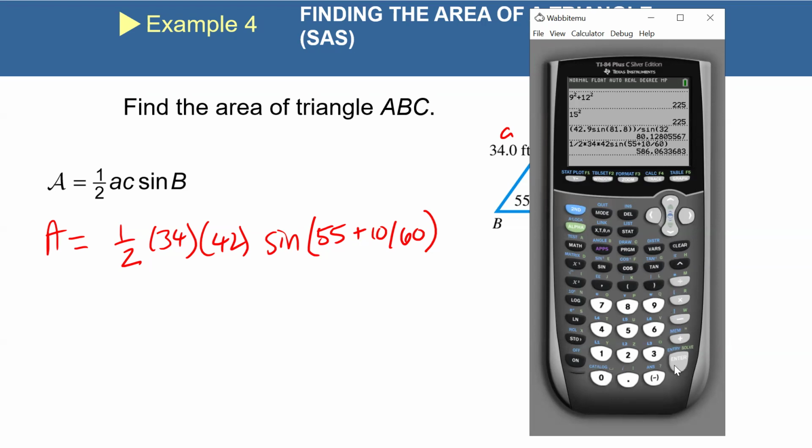And hit enter, and we get our area is 586.06 feet squared. So area equals 586.06 feet squared.